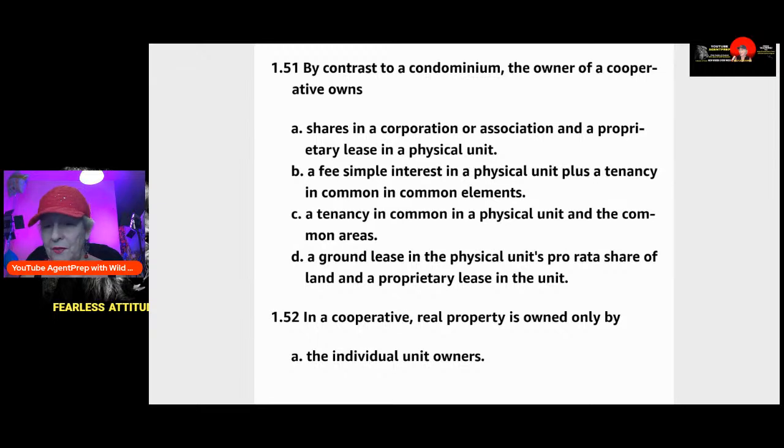So we're on number 51. Yes. Okay. So contrast to a condominium, the owner of a cooperative, so they could lease it or they could own it. All right. So in a condominium, the owner of a cooperative owns B, shares, sorry, I was reading the answer for 150.